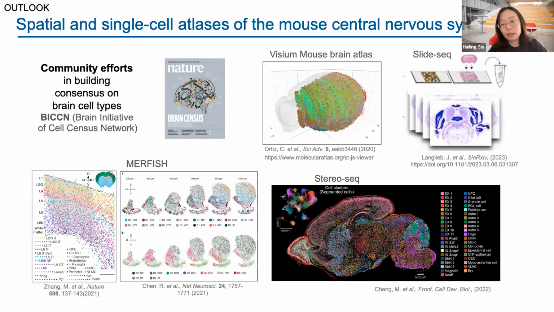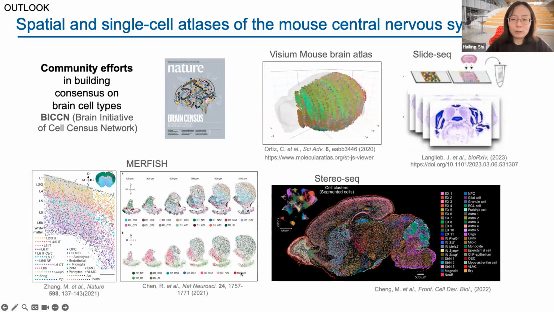Two years ago, there was a special issue really focused on the multimodality characterization of the mouse primary motor cortex. And now the BICCN 2.0 is really extending its efforts to the whole mouse brain. And we are expecting to see very nice data sets and publications very soon.